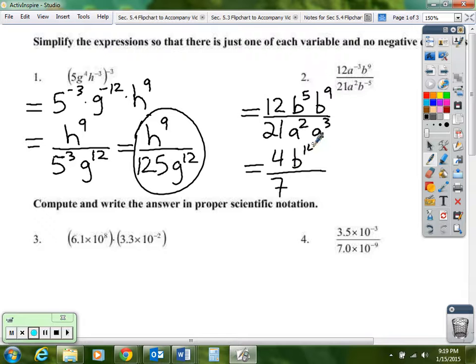We have b to the 14th on top. A squared times a cubed, 2 plus 3 is 5. We have a to the 5th on bottom. That's our final answer. Let us move on to scientific notation problems.